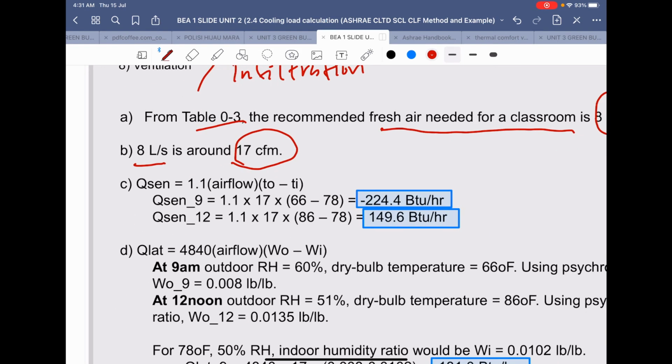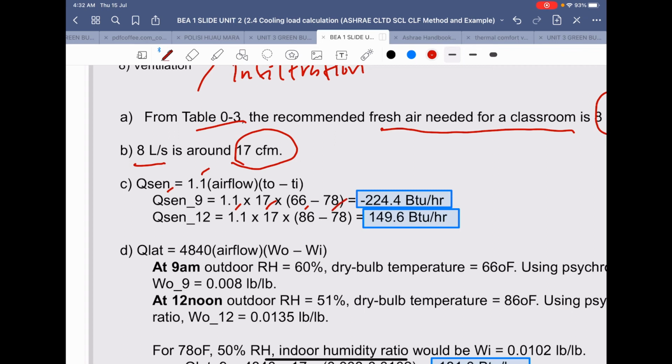The Q sensible equals 1.1, the constant, times airflow, times temperature outside minus temperature inside. So for the Q sensible, we know that 1.1 times the airflow is 17 CFM, times temperature outside minus temperature inside, 66 Fahrenheit minus 78 Fahrenheit.